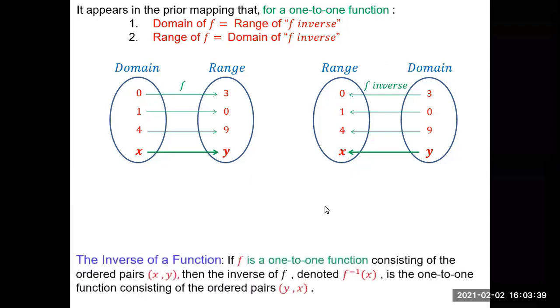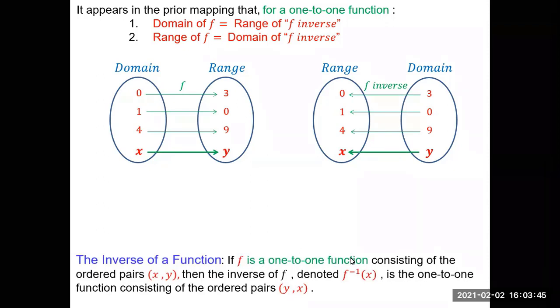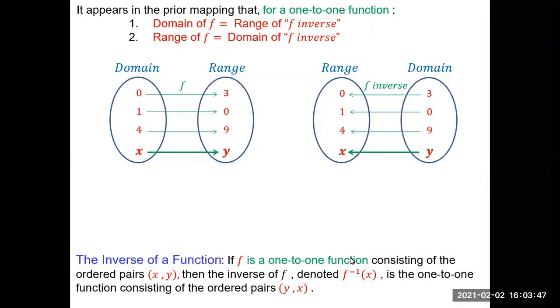So to give a particular definition of the inverse of a function, we're simply going to recognize that if f is a one-to-one function, if we check that originally, and f has all of the ordered pairs x comma y, then we know that the inverse of f, which now has this new notation, is the one-to-one function consisting of the ordered pairs y, x.